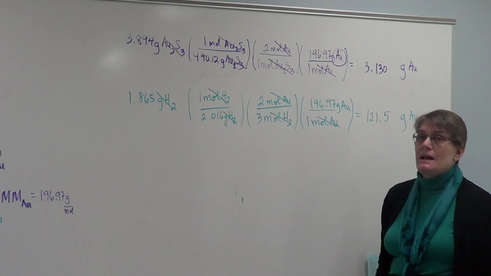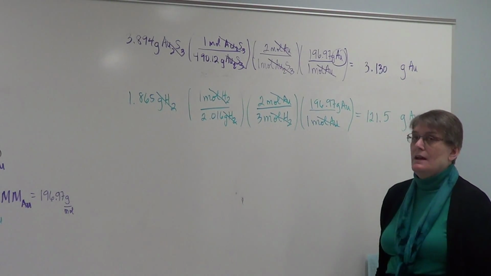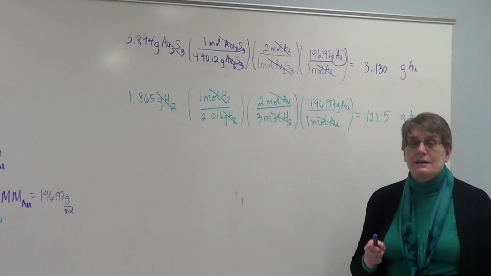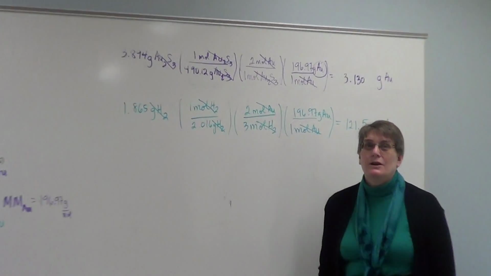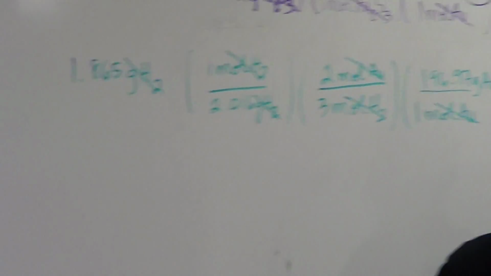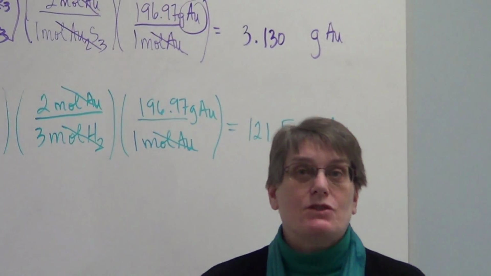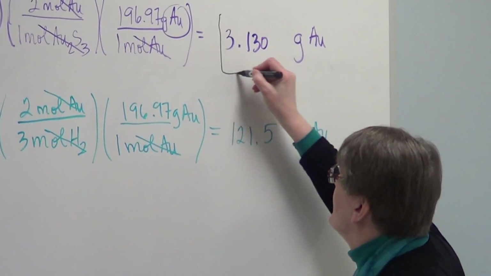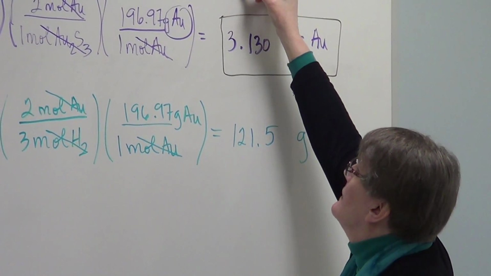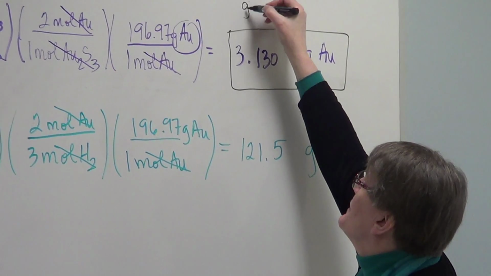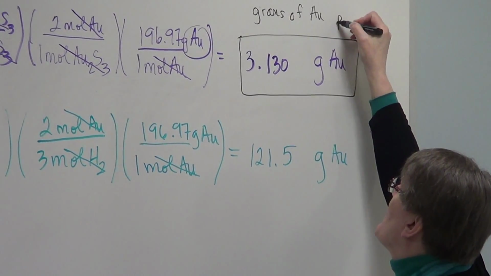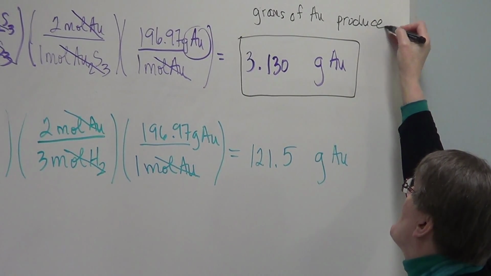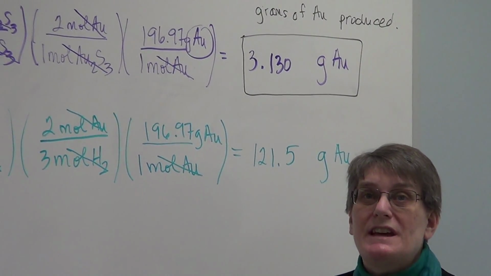So now we're ready to answer the first 2 questions. This is the hard part. Look at the 2 numbers. Which one is smaller? Because that's all we can get. So this is the grams of gold we can produce.